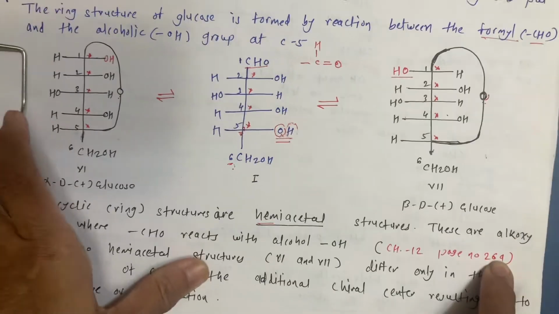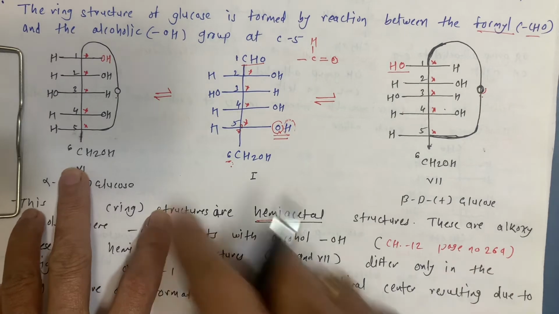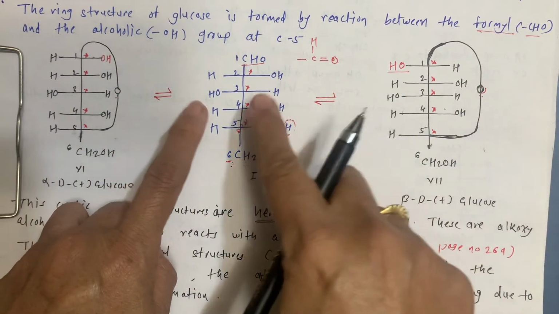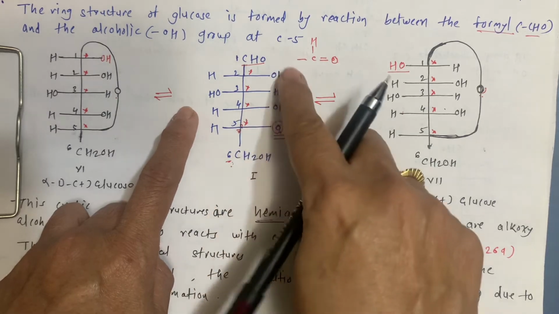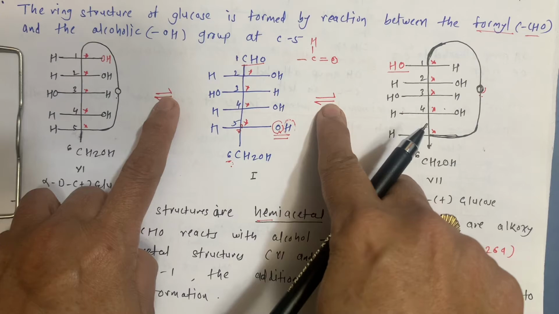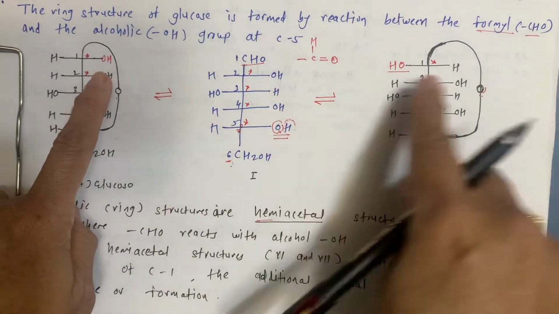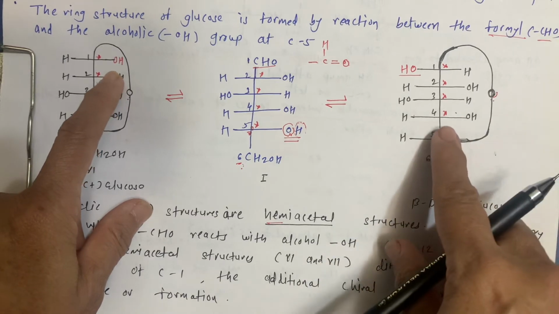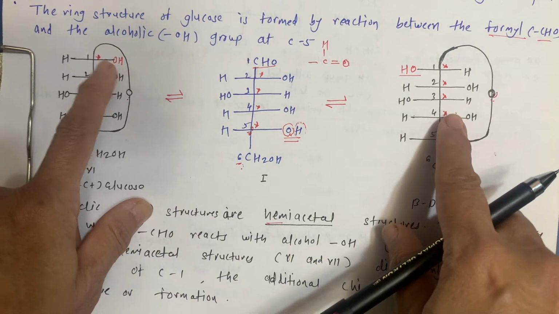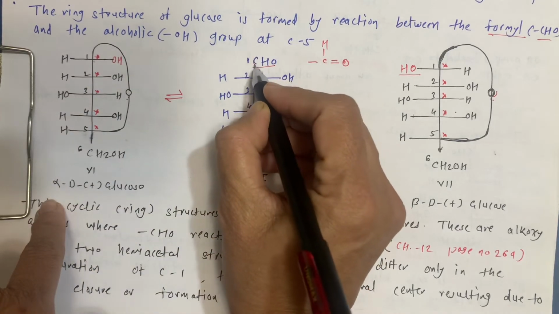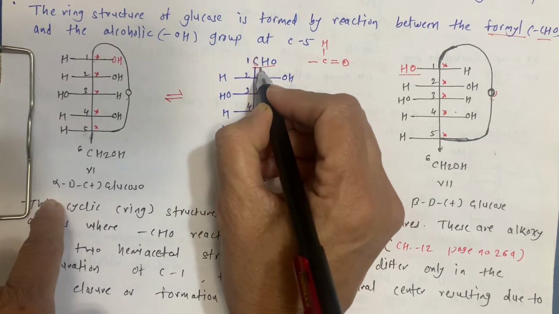Okay, and see now here, it is the ring structure. Both the structures are in equilibrium with the straight glucose structure. Now, what is the difference between these two? Do you recognize this? See, point out this carbon. This is our first carbon of the aldehyde group.